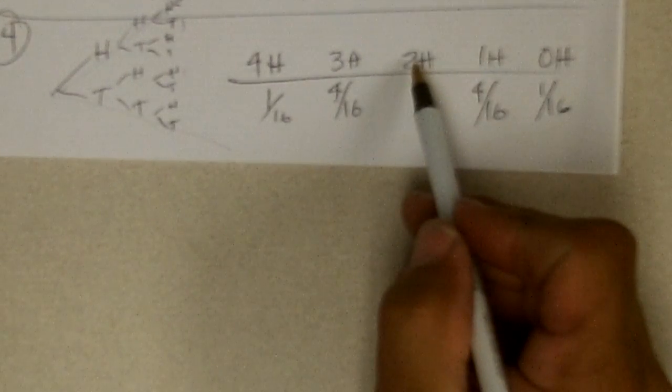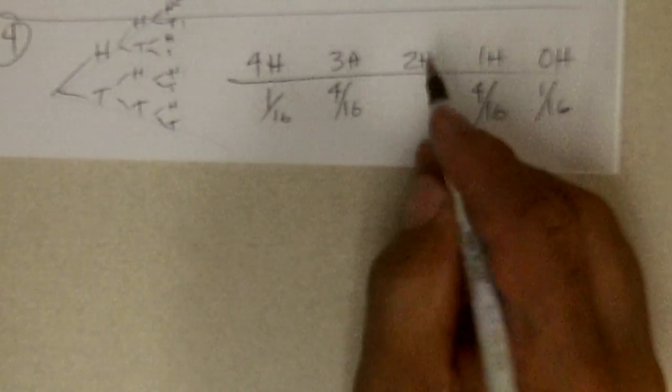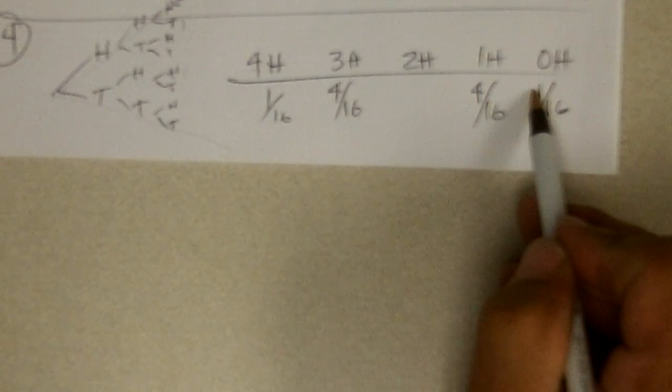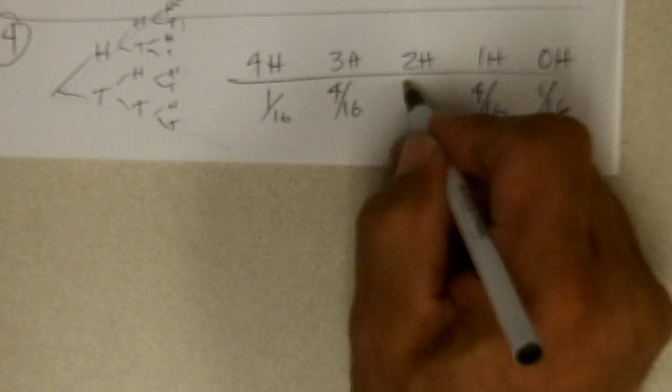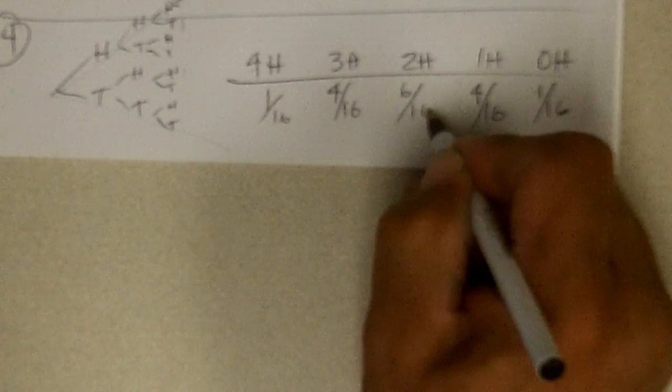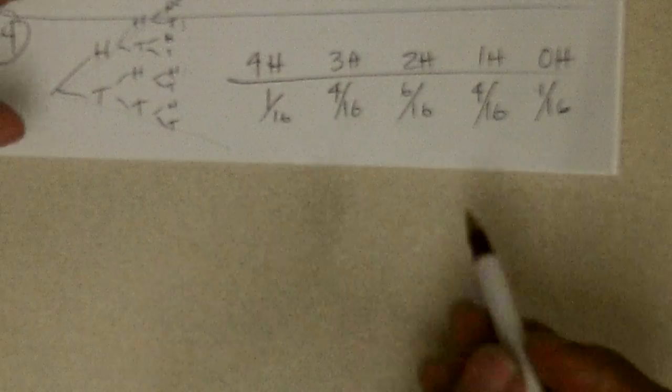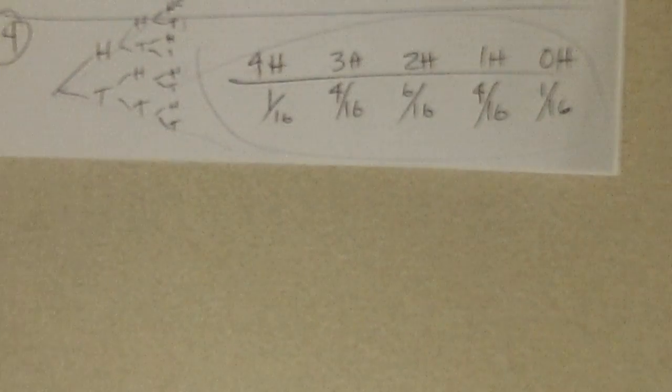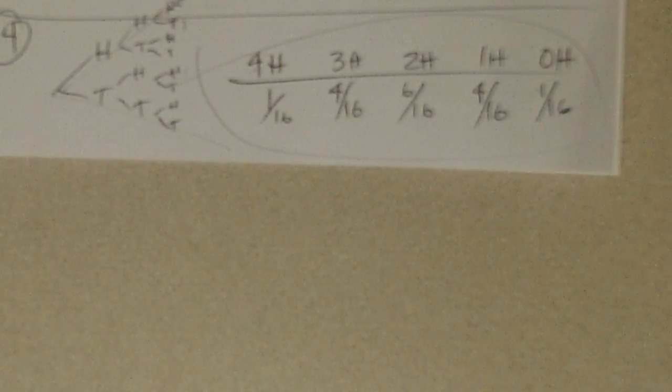And what's left, getting 2, happens the rest of the ways. 1 plus 4 plus 4 plus 1 is 10 out of 16, so there's 6 more out of the 16 there. So that's the probability distribution of heads flipping 4 fair coins. Fair meaning 50-50 chance. Okay, that's it.